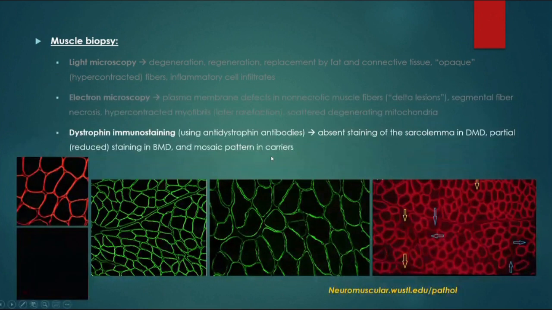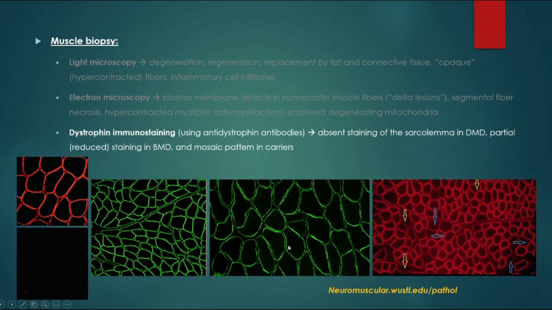Now, dystrophin immunostaining is invariably performed with muscle biopsy, and it uses anti-dystrophin antibodies. So this is the normal muscle, where we see the antibodies are showing that the dystrophin is localized in the sarcolemma, or the plasma membrane, whereas in Duchenne, it's completely absent. So you don't see anything. And this is another anti-dystrophin antibody, so the color is different, but this is the normal.